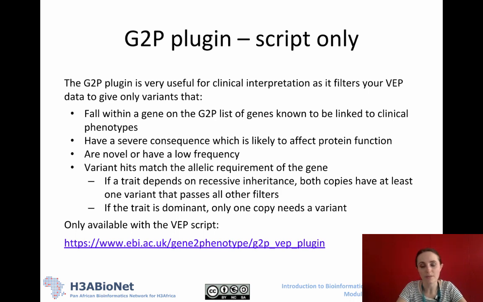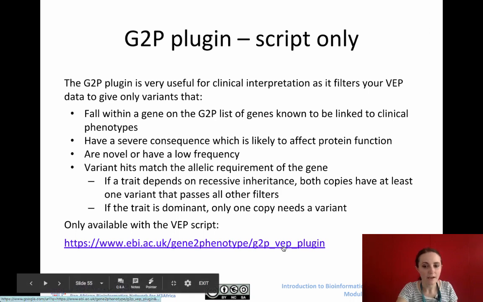So if it's known that a particular gene requires a homozygote for mutation, then the variant will match and look for both copies having at least one variant which passes all the filters. If we're looking at a dominant or a haploinsufficient trait, anything where you only need one copy of the gene, then it only looks in one copy for the variant.